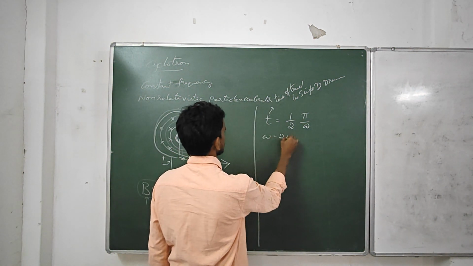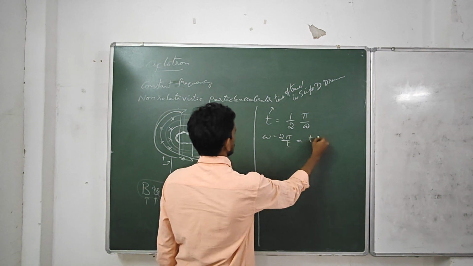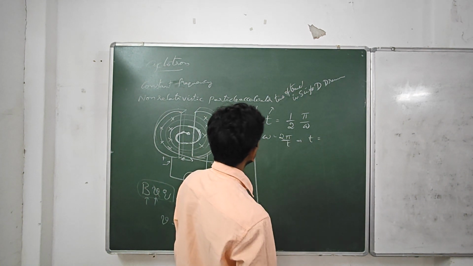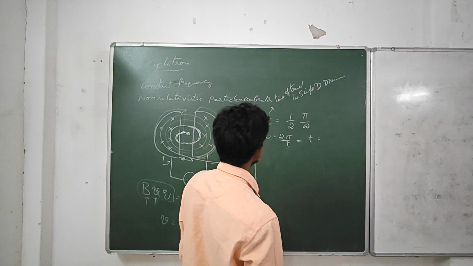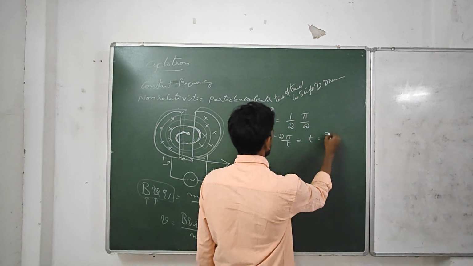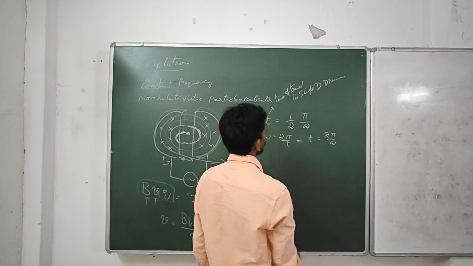Omega is 2 pi by T, so T is equal to 2 pi by omega. What am I doing here?